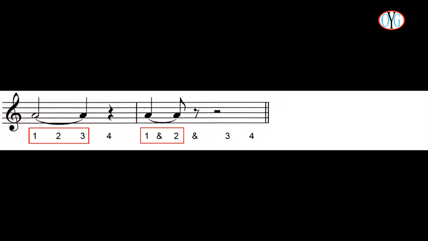So instead of playing 1 and 2 and resting on the end of 2 and continuing to rest through 3 and 4, you play the first note and let it ring out through the time value of the second note because they're tied together. So you would play that like this: 1 and 2 and. Rest on and then continue to be silent through 3 and 4 and.